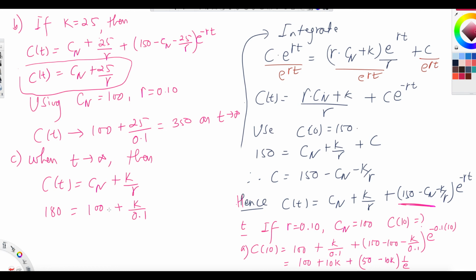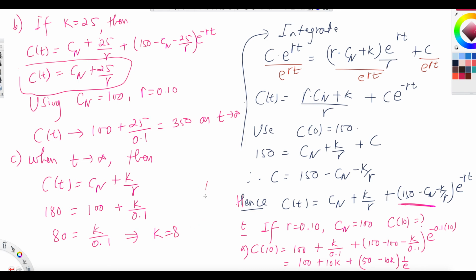Now let us solve this. Subtract 100 on both sides, you get 80 equals k over 0.1. Multiplying both sides by 0.1, you get k equals 8.